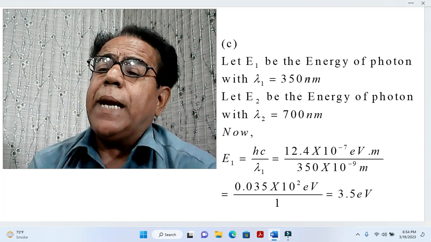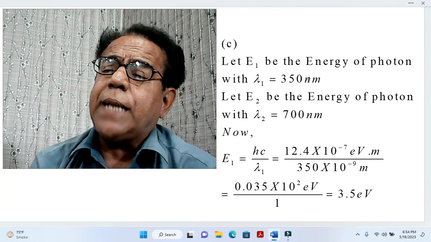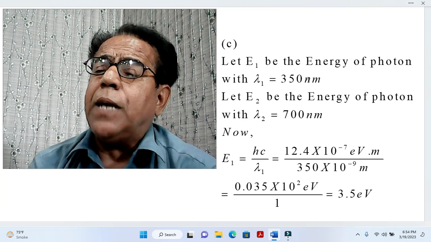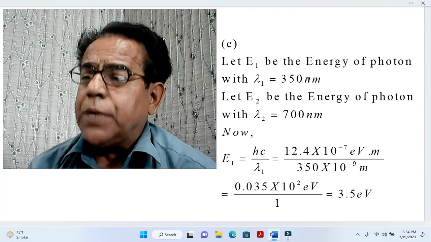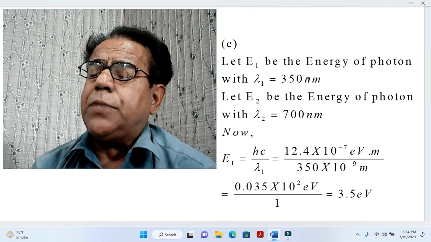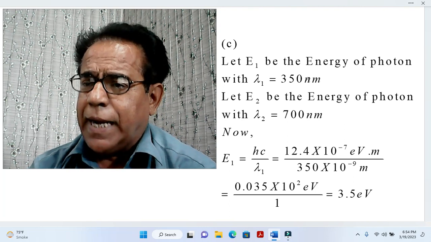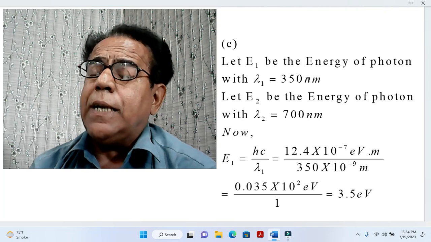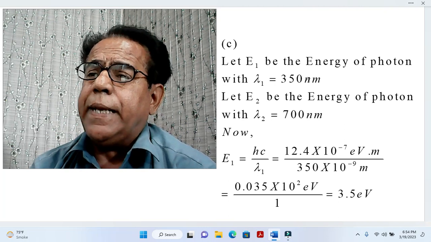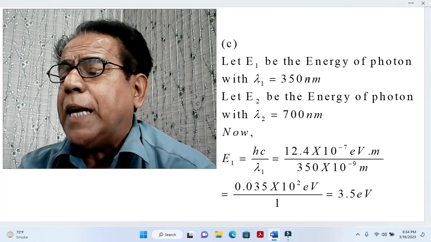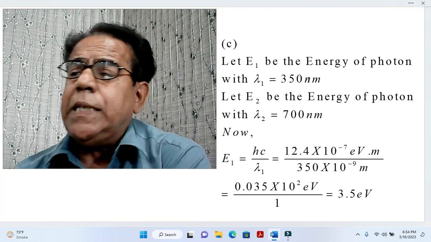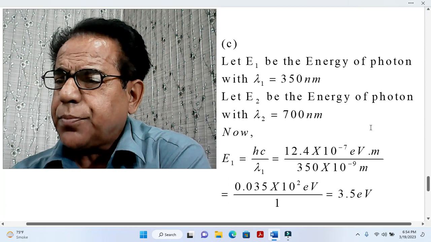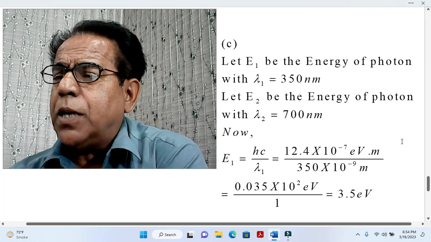Moreover, the term hc has already been calculated, and even if not calculated, it is given in the table in this consolidated form. We have also already calculated it in part A and part B. So E1 becomes equal to 3.5 electron volt.